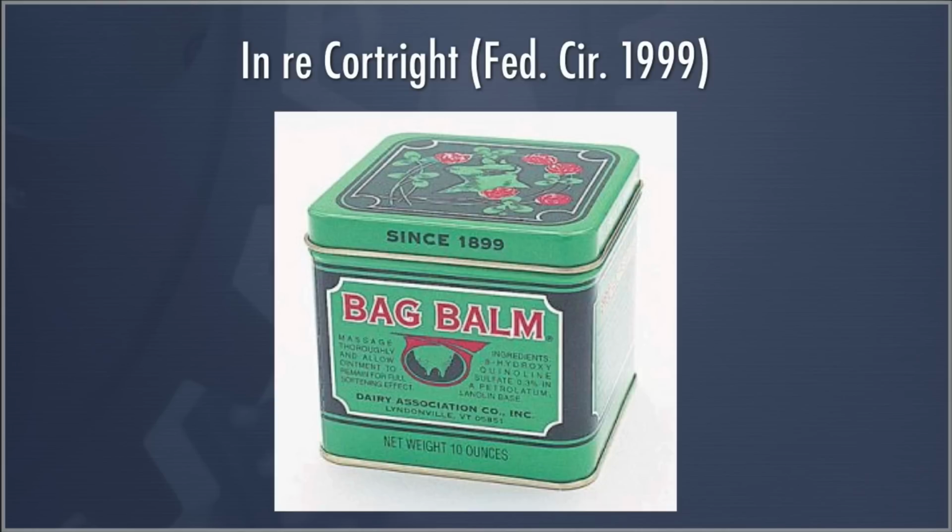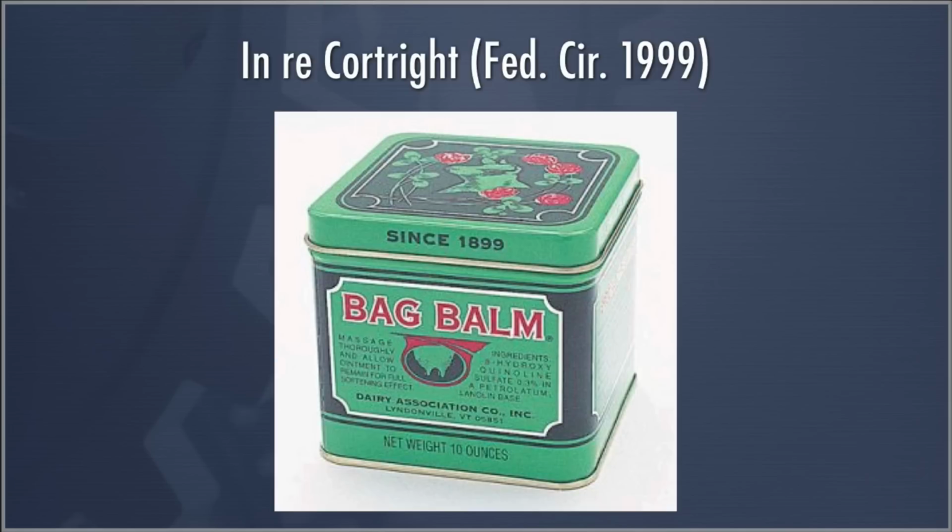Bag Balm is a topical gel lotion that is primarily used to rub on cow udders, with the idea that apparently the material can enhance the amount of milk that's produced or otherwise prevent chafing and things like that. It apparently has been used for many years.